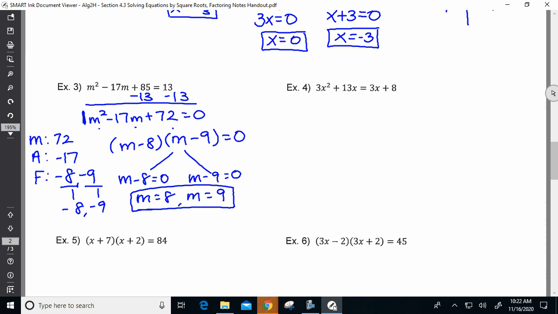So example 4, 3x squared plus 13x equals 3x plus 8. This is another problem in which the equation is not equal to 0. That means you need to get it that way.